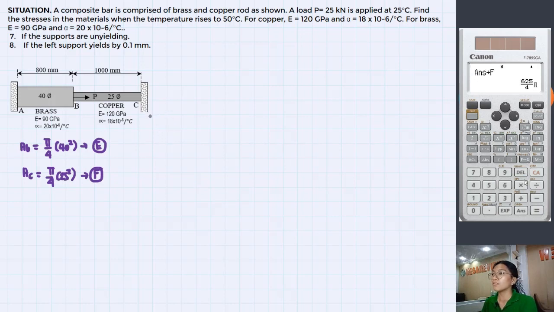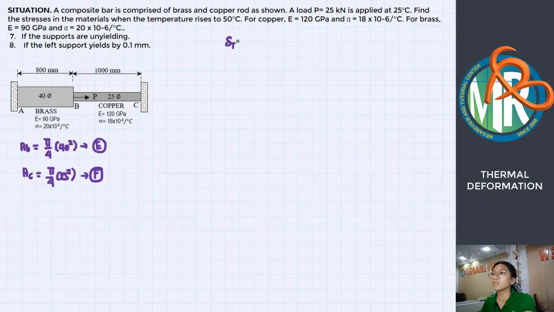So, since we have here thermal change, so kunin natin yung thermal deformation ng bawat material. So, thermal deformation is alpha L times delta T or alat. Okay? The brass, that is alpha ng brass is 20 times 10 raised to negative 6. Length of the brass rod is 800.